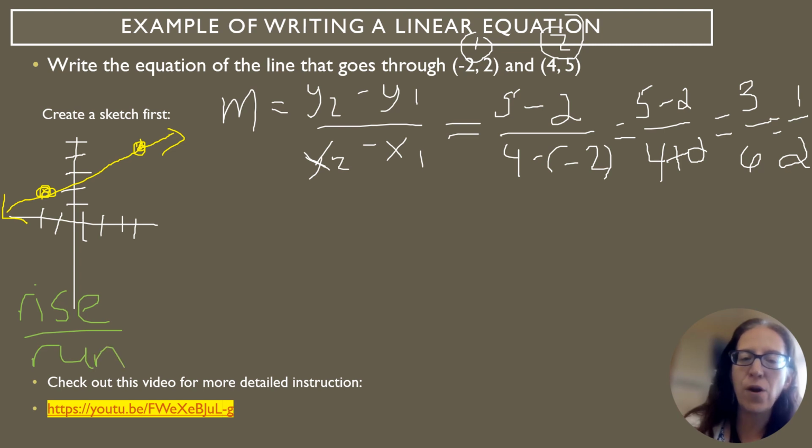So to get from one point to the other, I would go up 1, 2, 3. So I went up 3 units. And then I'm going to go across 1, 2, 3, 4, 5, 6. So my rise is 3, and my run is 6, which will simplify to 1/2.